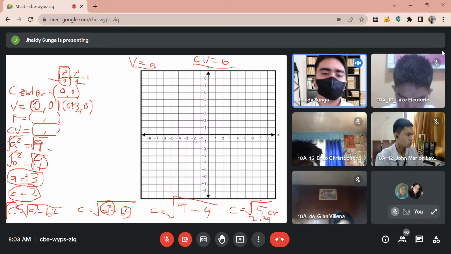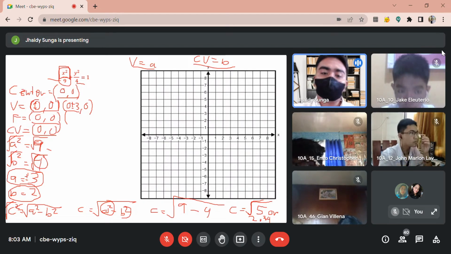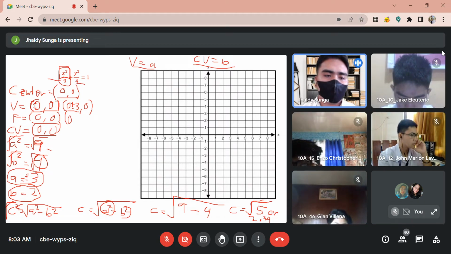Okay? How about the focus? You're going to add your focus at the x-intercept as well. Why? Because we know that foci are the neighbors of the vertices. So if your vertices are located at x, therefore your foci are as well. What's the value of the focus?